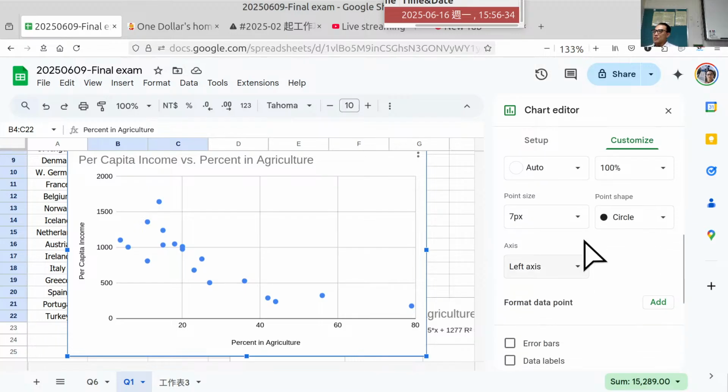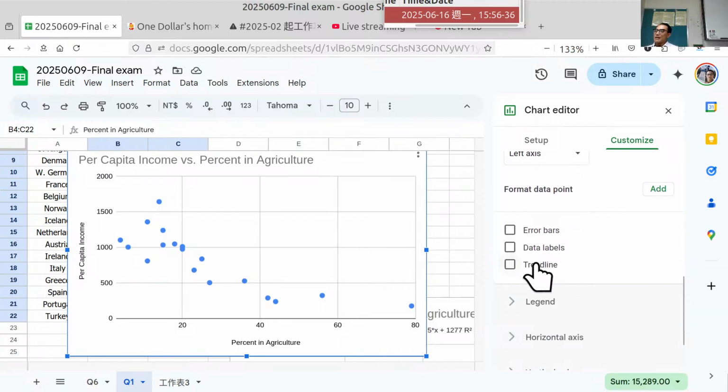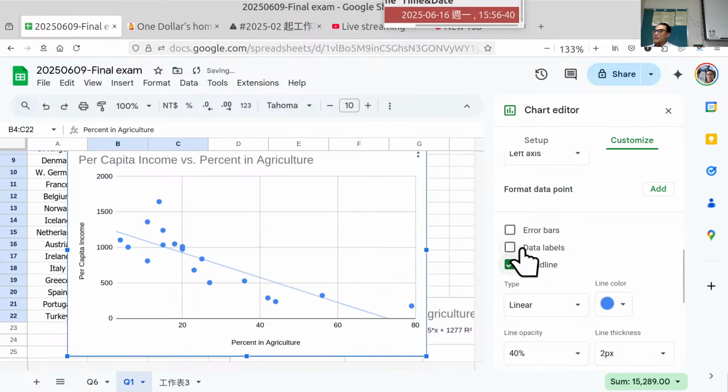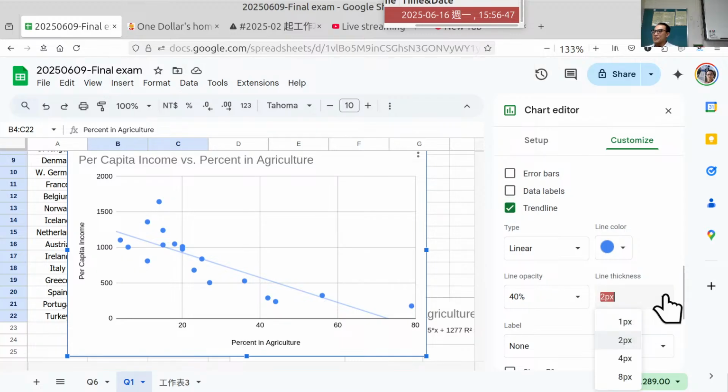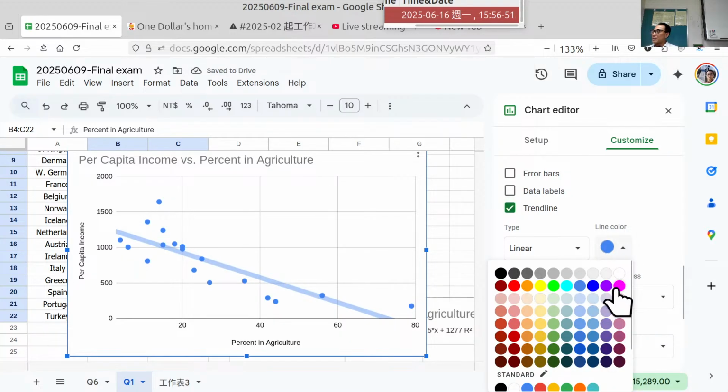And scroll down. Click trend line. Check the trend line. See, if the line is not significant, you can enlarge the size. Change the color. Make it apparent.